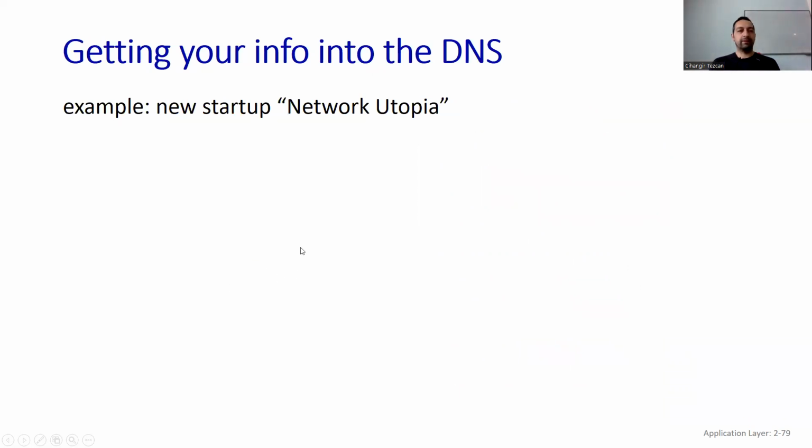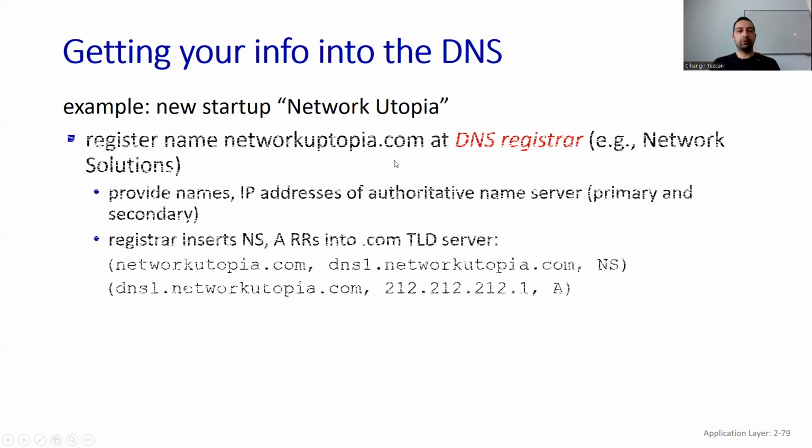So here's another example, a new startup, Network Utopia. Register the name networkutopia.com at a DNS registrar, for example, Network Solutions. Provide names and IP addresses of authoritative name servers, primary and secondary. The registrar inserts NS and A records into the .com TLD server like this, okay?